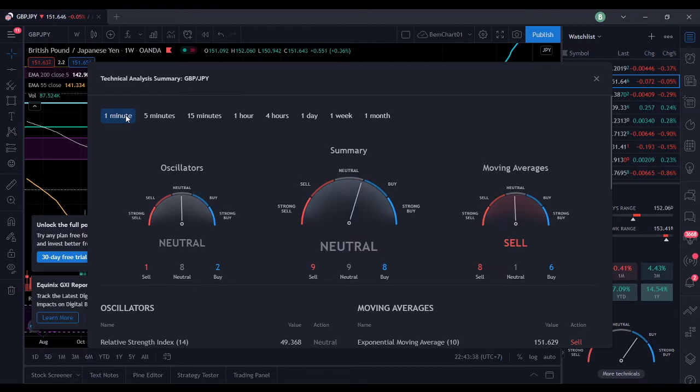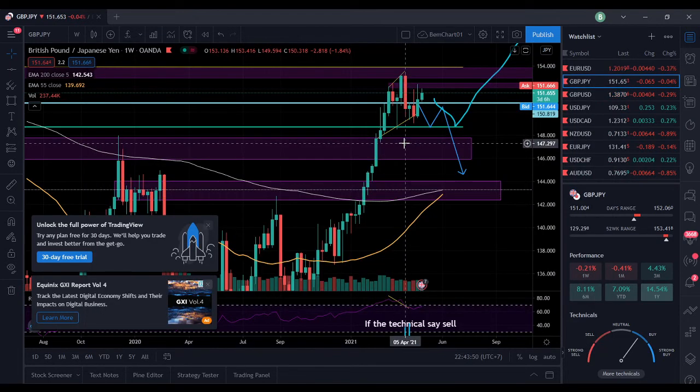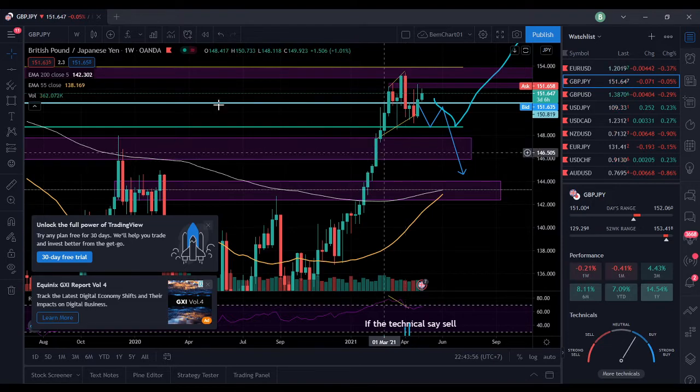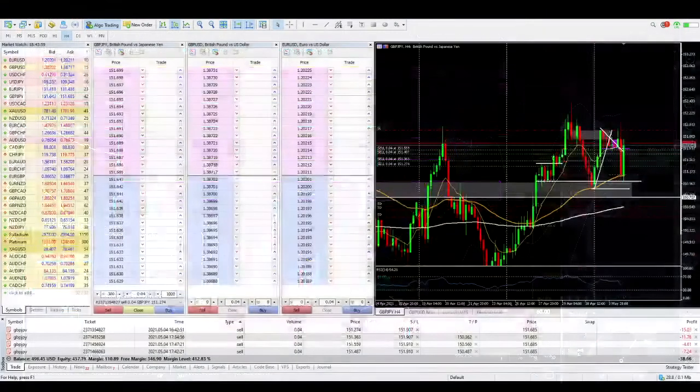So we're actually upside down, except for the 1 minute. It's going down. 5 minutes is still buy. Okay, let's see how that plays.